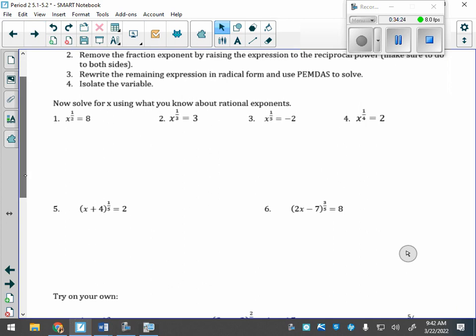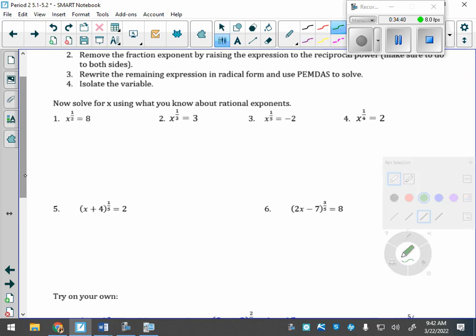All right. So now, we have rational exponents. We have our rational exponents here. And we want to solve. How do you think I can find what x is when I take x to the 1/2?